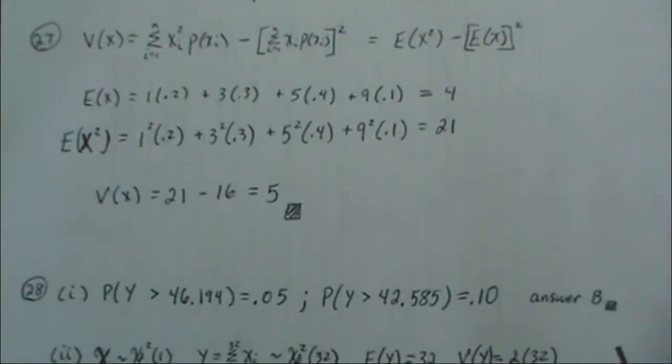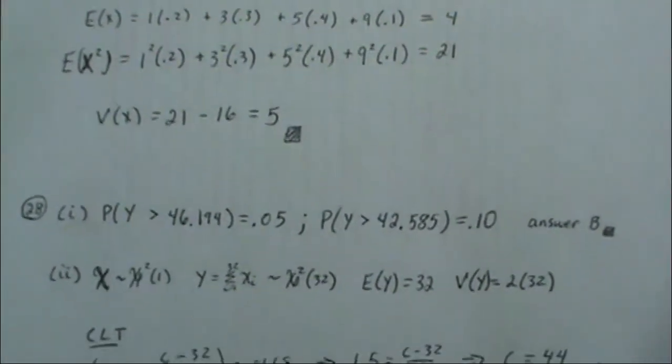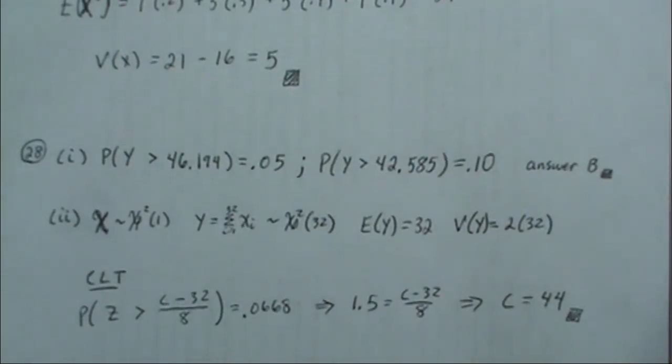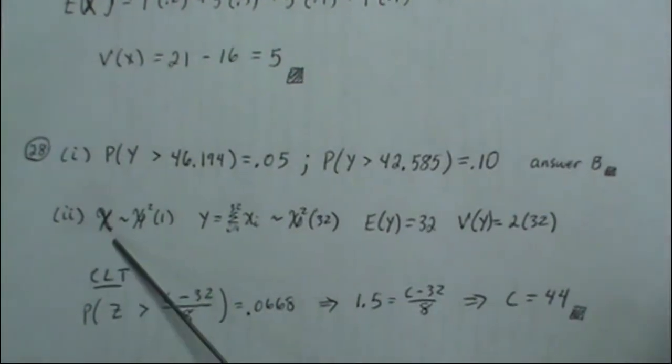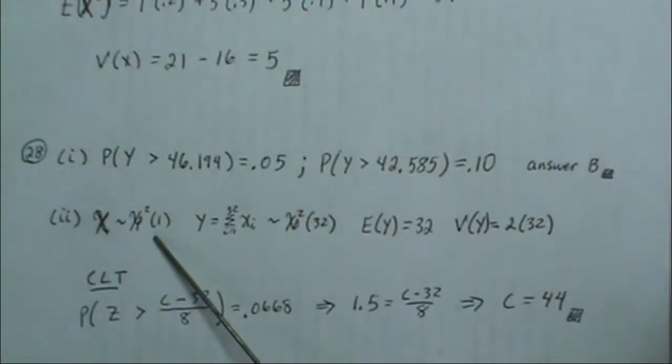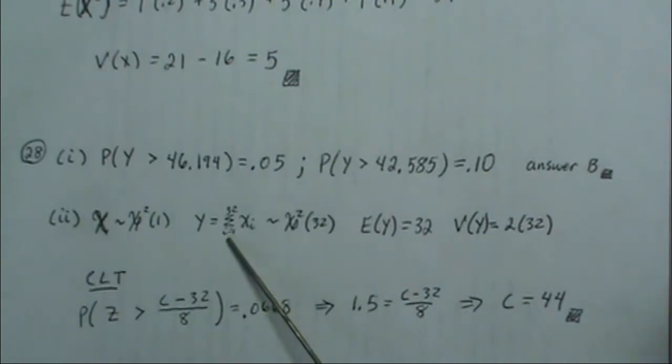But I really think that this problem is wanting you to use the central limit theorem to solve this. So here, if we let X be chi-squared 1, then we know that the sum of chi-squares is chi-squared, and we're summing 32 of them because it's 32 degrees of freedom.